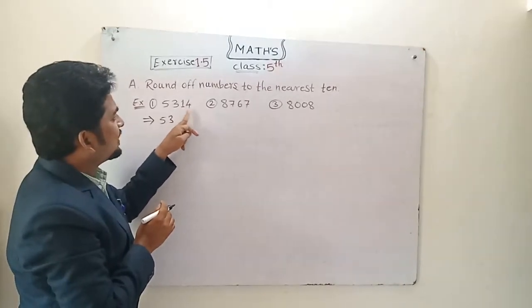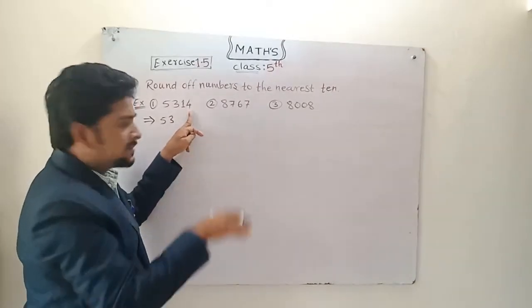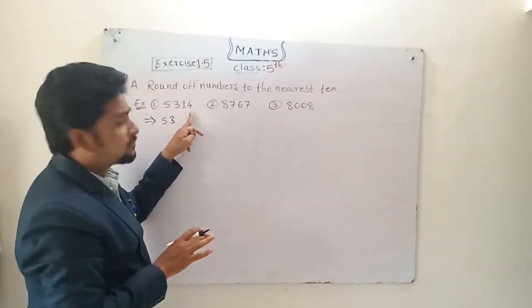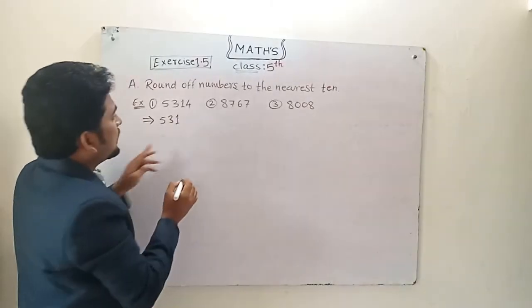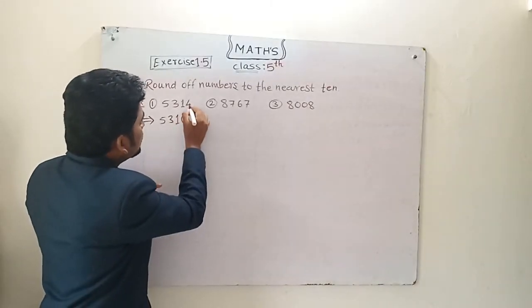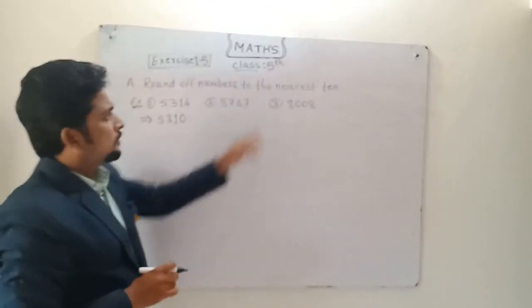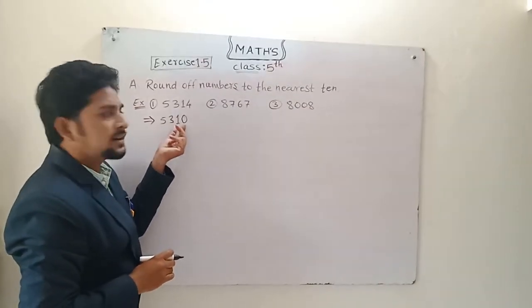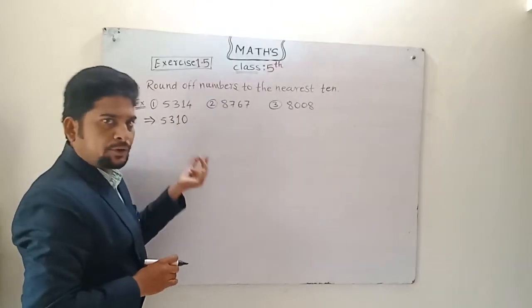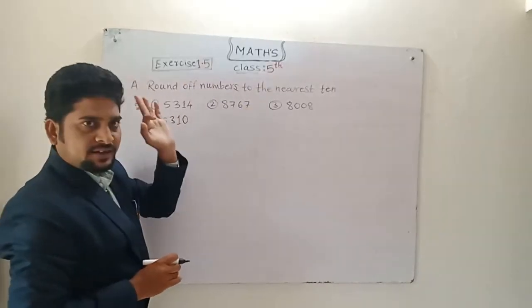But here next is 4. This is smaller than 5, so it will be the same. 1 will be 1 and we have to put 0 on this place. What do they ask? Nearest 10. So at last 10 will come, like 10, 20, 30, 40 will come for nearest 10.